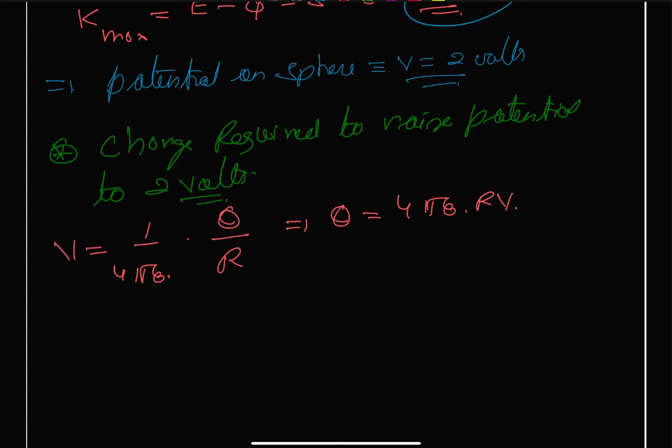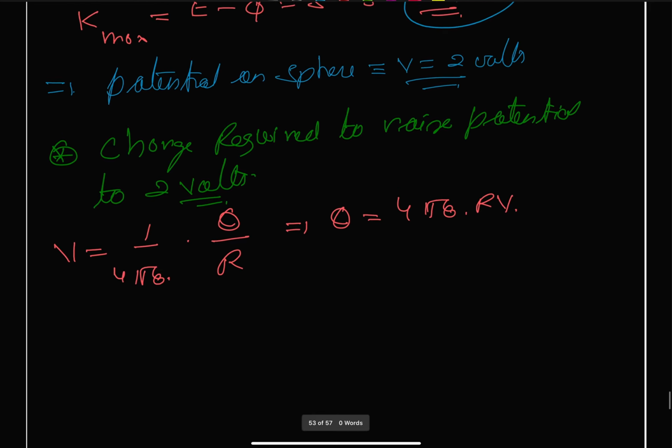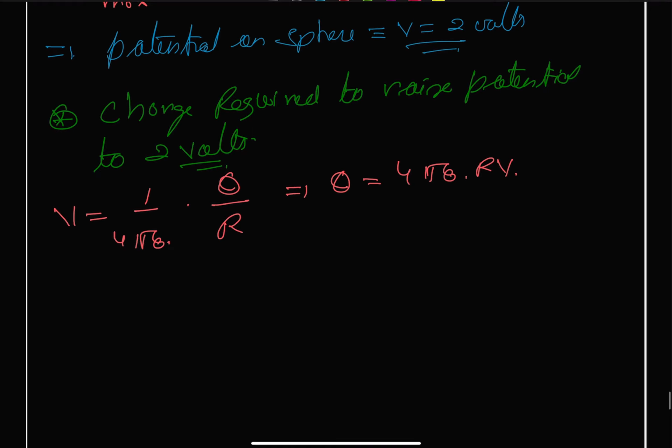and we can say that our charge Q, we have this as 4 pi epsilon naught is 1.11 into 10 to the power minus 10 roughly, wait, 4 pi into 8.85 into 10 to the power minus 12, radius is 8 into 10 to the power minus 3, and potential is 2.